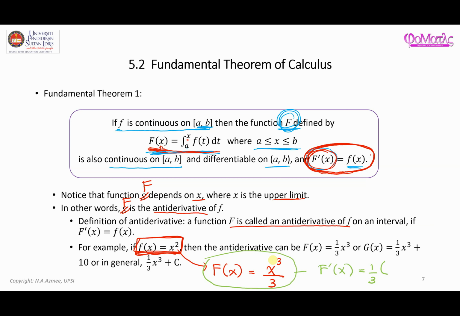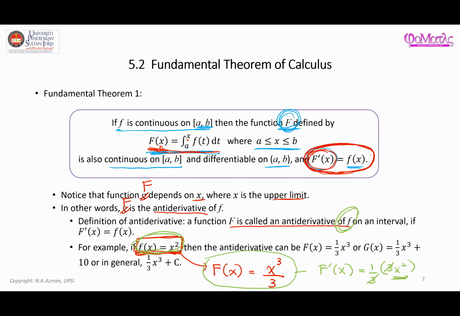You differentiate x cubed, you will get 3x squared. So 3 can be cancelled. So you get f prime x is equal to x squared, which is just this one. So that's the idea of antiderivative. Antiderivative is a function where if you differentiate the function, you will get back the small f function.